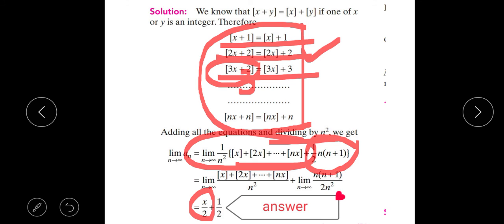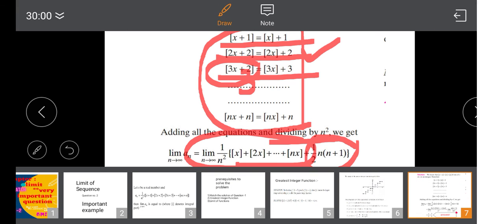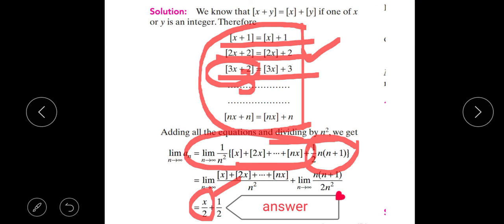So to know this, you must watch the first question solution of the video. Now after taking limit n tends to infinity in the second expression, we will get 1 by 2, and finally the limit will be x by 2 plus 1 by 2.